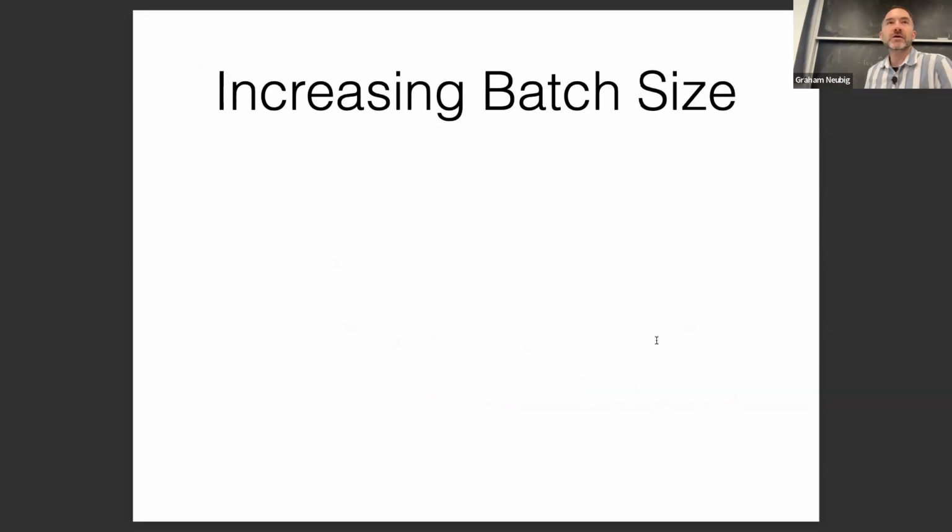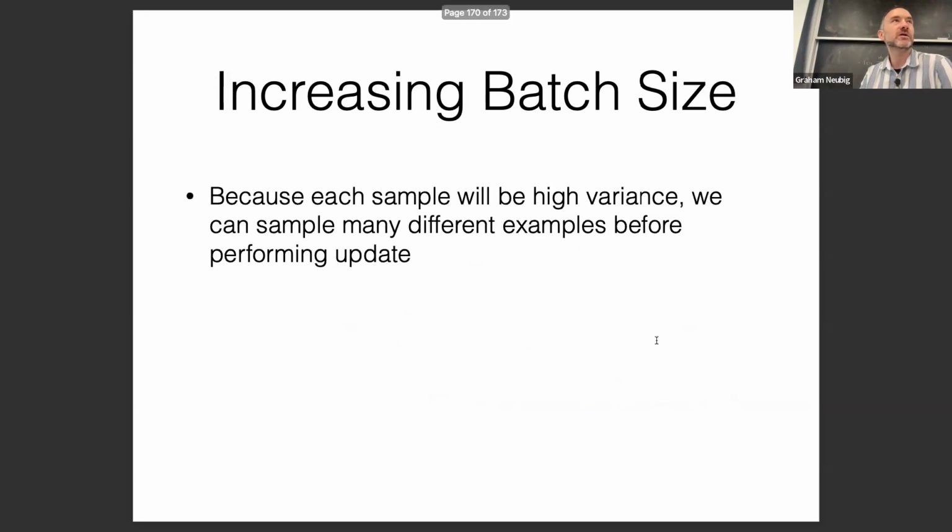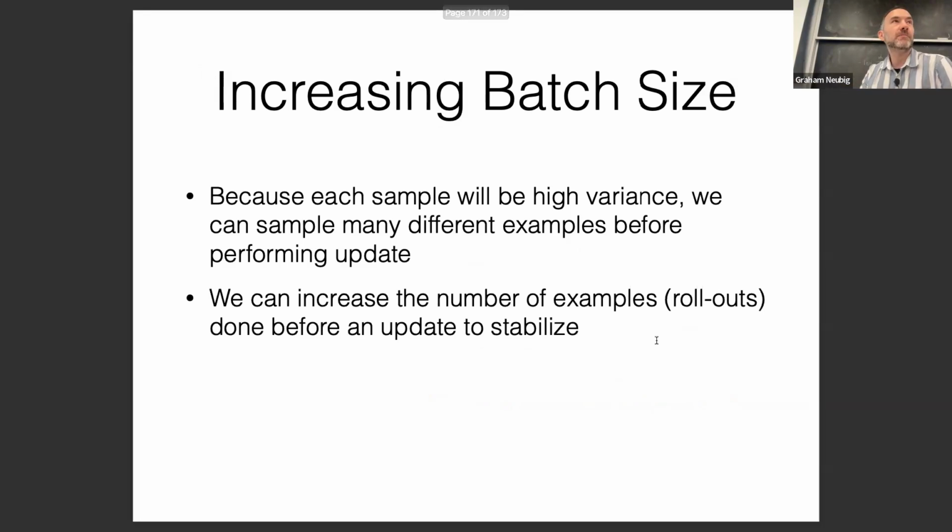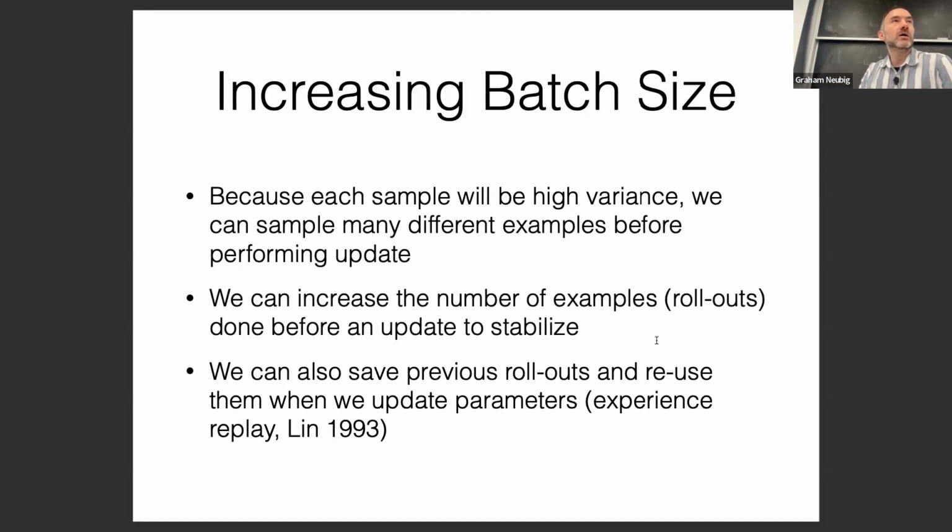Another really useful thing, which is useful for just about any objective, but it's particularly important when you're doing something unstable like reinforcement learning, is because each sample has high variance, you can sample many different examples before performing an update. Another thing that you can do is save previous rollouts and reuse them when you update the parameters.